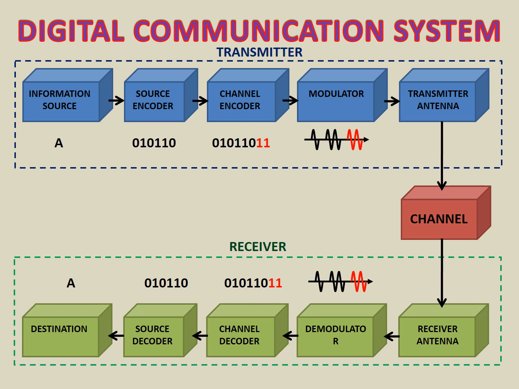Now modulator modulates this digital signal as on and off. If signal is 0, then modulator gives output as 0.